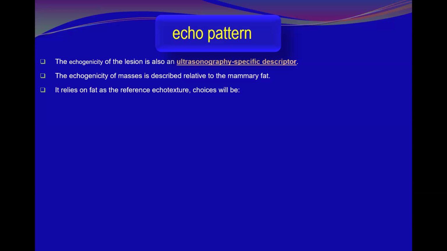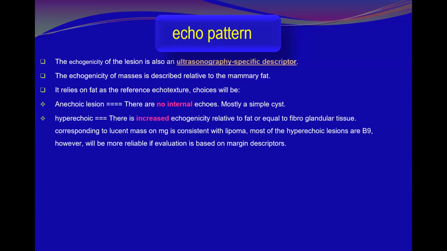The echo pattern is also an ultrasound-specific descriptor, unique to ultrasound. If a lesion has no internal echoes, then we call it anechoic, and this is the extreme left of the echogenicity scale.